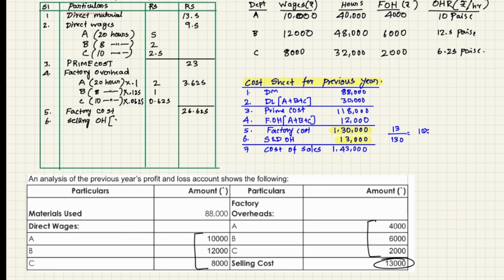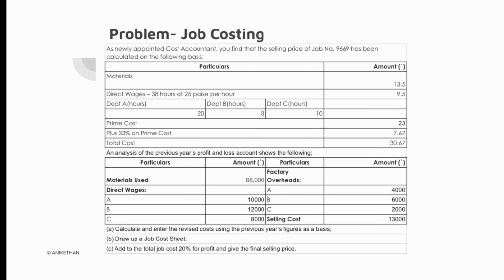The same thing I will take in my cost sheet. So 10% of 26.625 is 2.6625. When I total this, I will get the cost of sales, which is 29.2875. And the question asks that I have to add 20% of profit on this. So the question expects you to draw up a job cost sheet, which is already done.